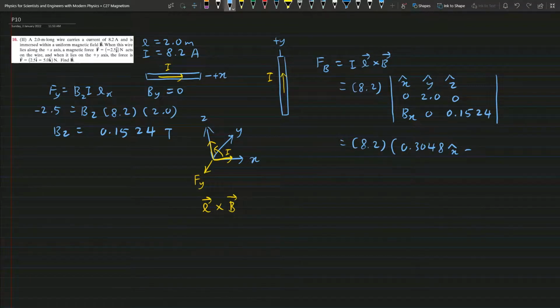So we have a negative 0 in the y component, and finally the z component. The z component here you can see 0 multiplied with 0 will get 0, and minus the Bx multiplied with 2.0. So this is a negative 2.0 Bx in the z component.